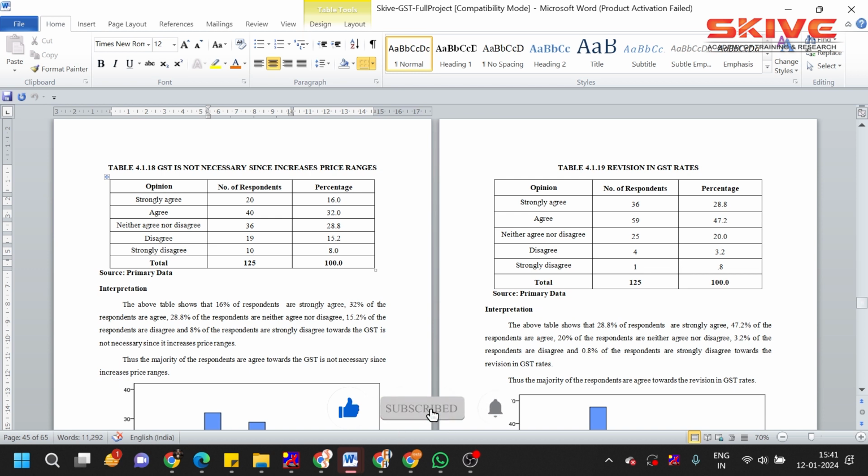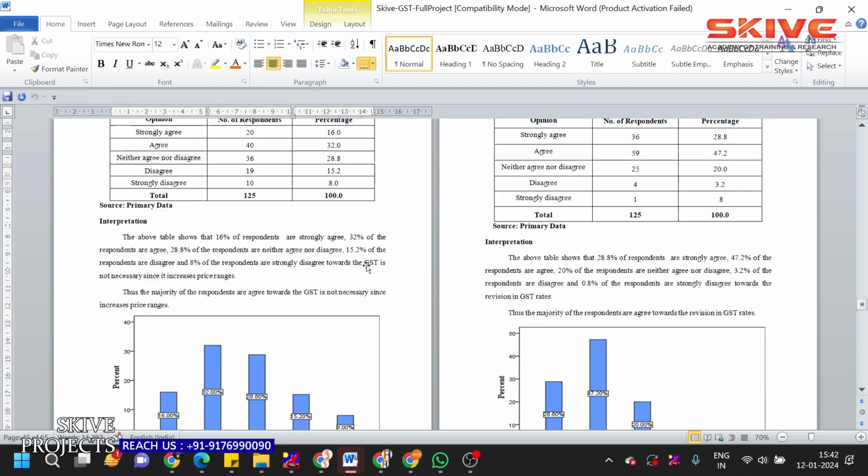From the overall 100%, the maximum percentage is 32% of people who agree that GST is not necessary, and 28% of people are neutral. Like this, the interpretation was written for that survey.